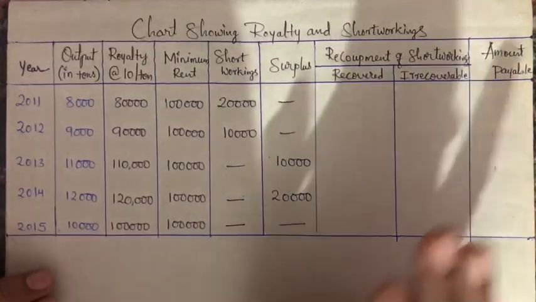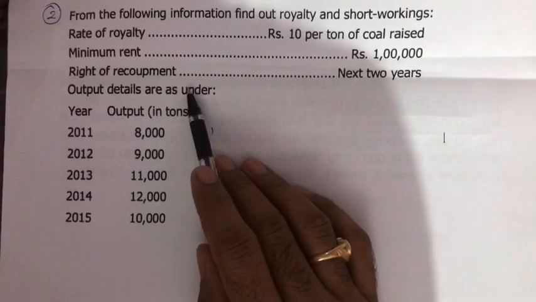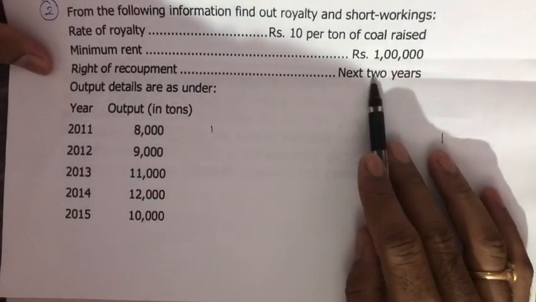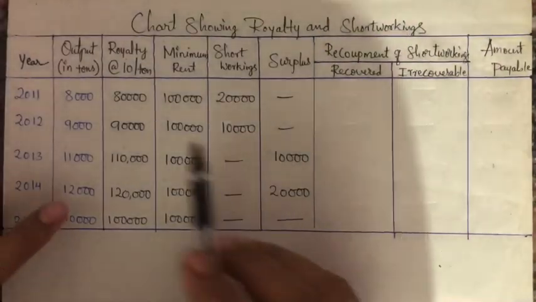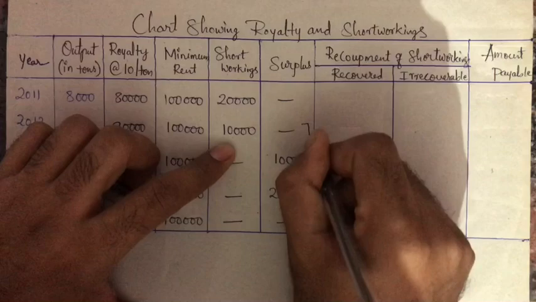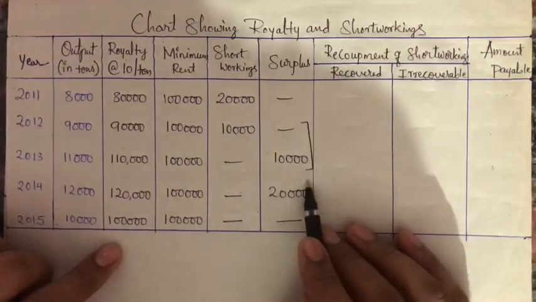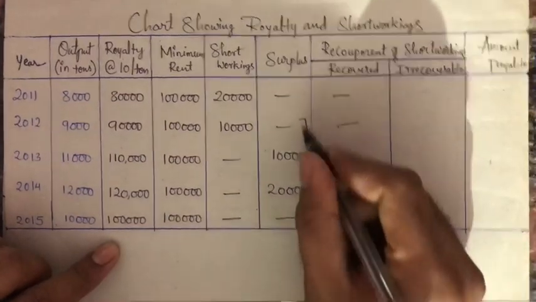After finding out like this, we have to see the recoupment clause. The right of recoupment is the next 2 years only. They have given the next 2 years, which means the first year's short workings can be recovered from the surplus of the third year and fourth year. In the third year we don't have any surplus, so we cannot recover.